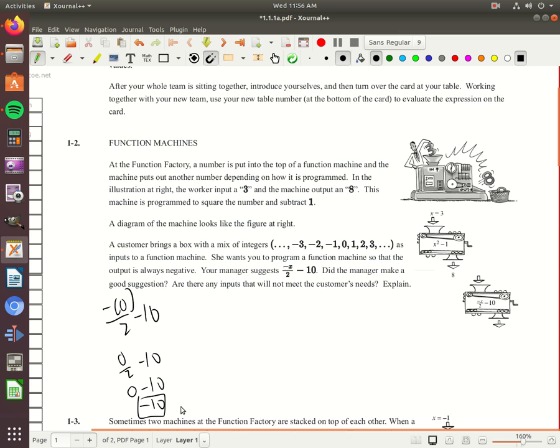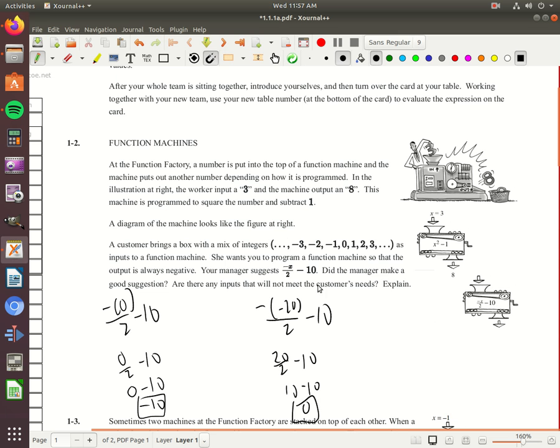But long story short, that is going to be a negative number. So the question is, is there any way I can make this end up being a positive number? Well, what if I plug in negative 20? A negative is positive, and I'm going to get 10 minus 10, which is 0. So obviously 0 is not a negative number.